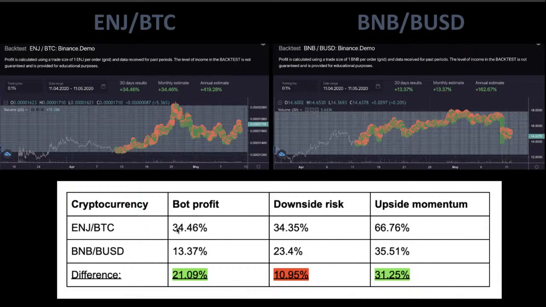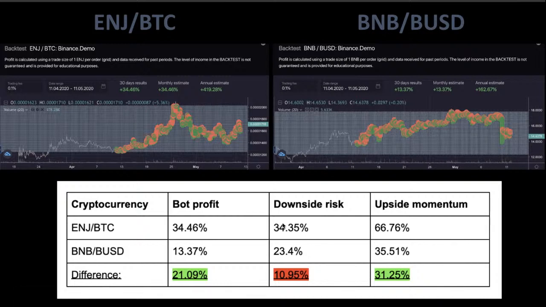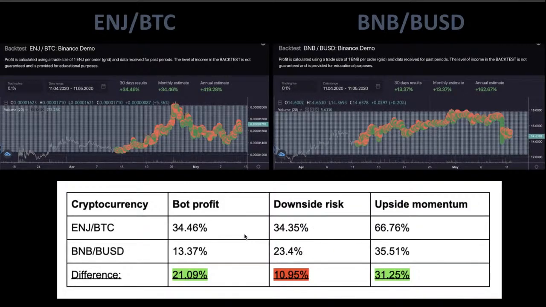So here, if we divide the bot profit by the downside risk, notice that the downside risk for the first one was slightly higher than the risk demonstrated by BNB. So in this case, it was riskier and more volatile. If we divide 34 by 34, it's going to be 1. So the ratio is 1. That means that for one percent of return, we take 1% of risk.